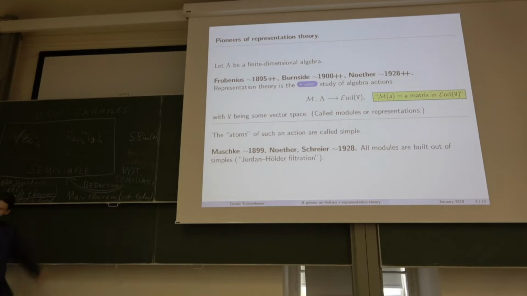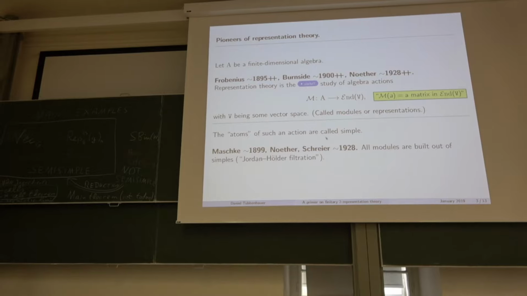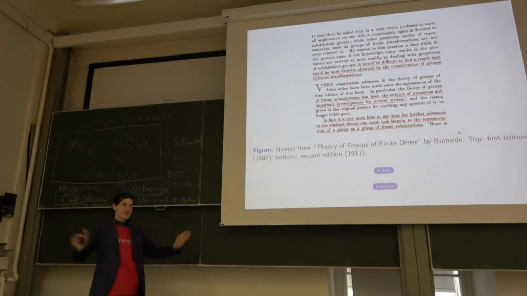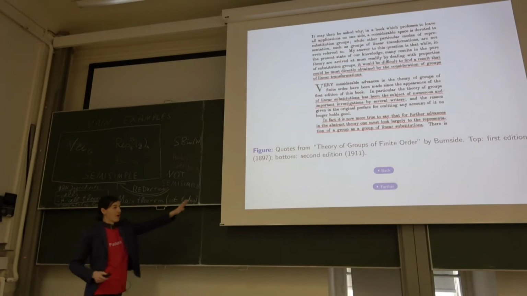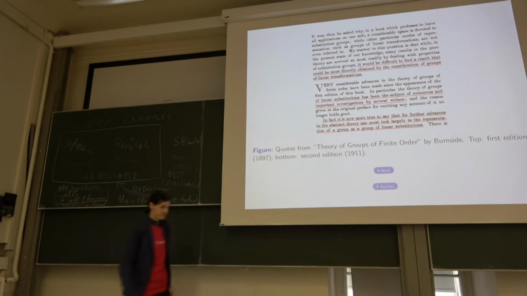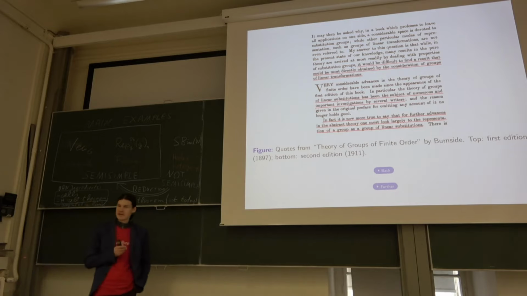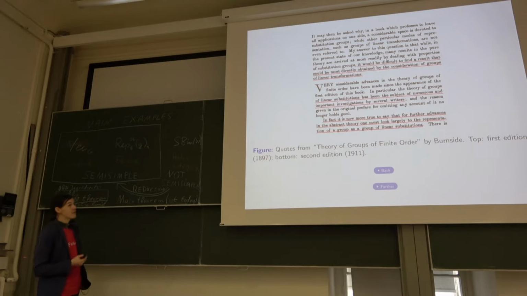Why is this interesting? Let me click on this funny link here, just to get you started, because it's one of my favorite quotes. So the whole theory goes back to people like Frobenius or Burnside, which was a very long time ago, okay? And when they started this theory, it was absolutely not clear. So Frobenius started it basically because he liked matrices, and it was absolutely not clear to other people why it should be interesting.